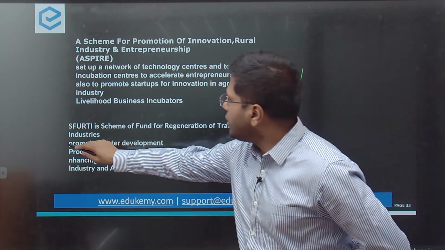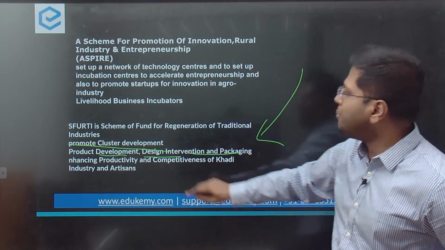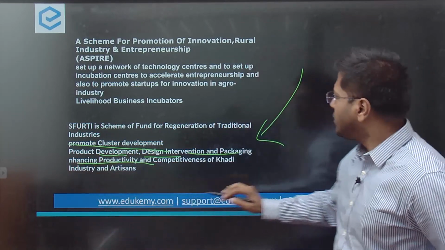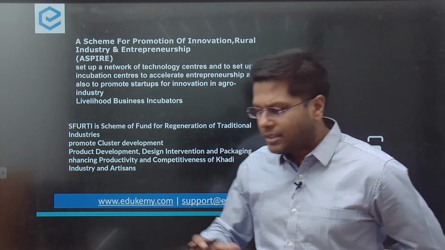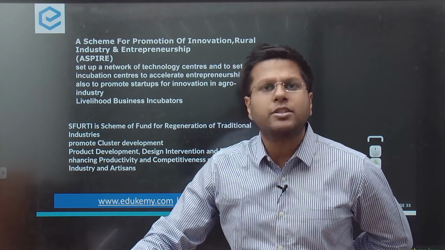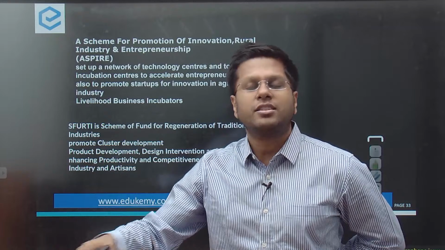All right. So cluster development, product designing and development, intervention and packaging, enhancing, all of this, right? Be it the local food vendor, be it textile park, be it food processing sector, be it associated with agricultural GI tag products, anything.